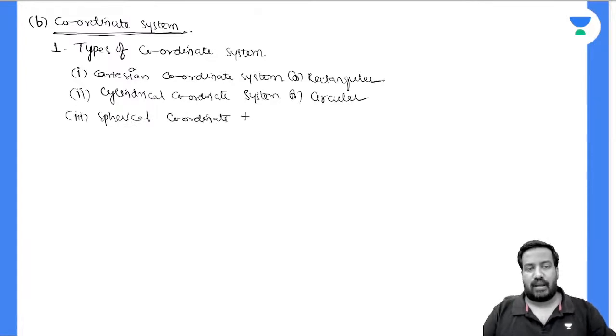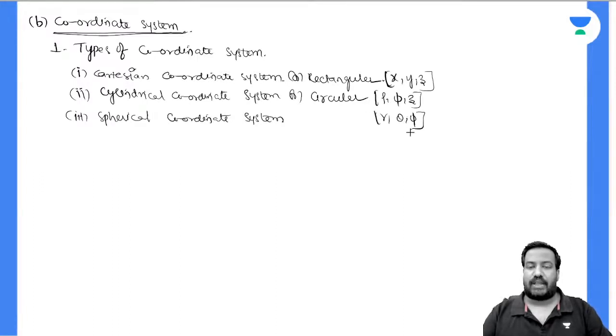Next is spherical coordinate system. And see what are the coordinates, what are their range, how are they defined and all. In Cartesian coordinates XYZ, cylindrical rho phi z, spherical r theta phi.